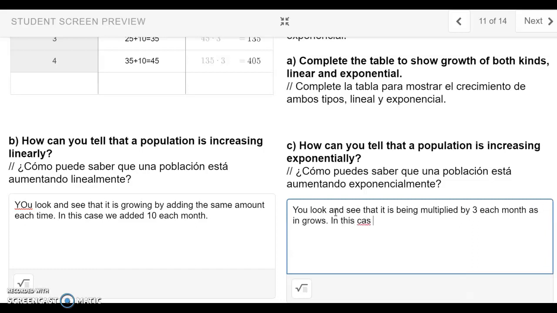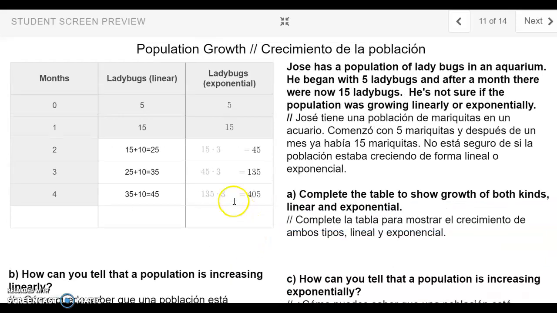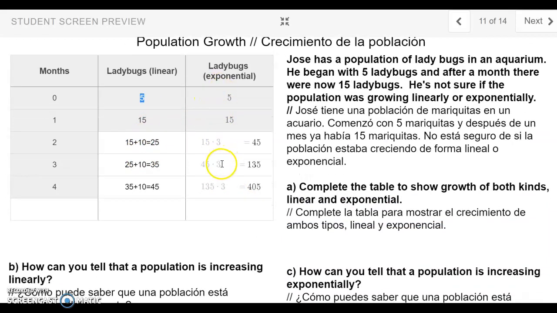In this case, we multiply by what? Okay, we multiply by 3 each month. So our initial values are the same, 5 and 5. This one increased by adding 10. This one increased by multiplying by 3.